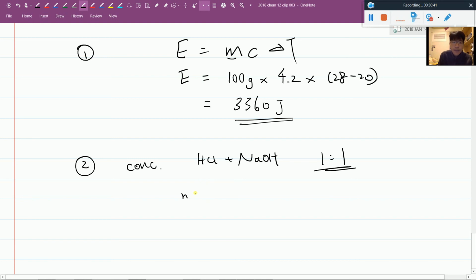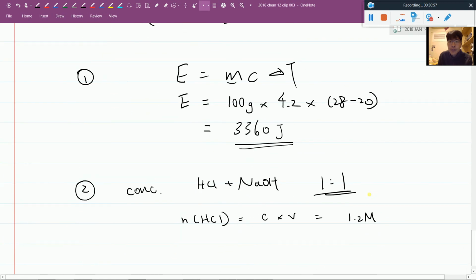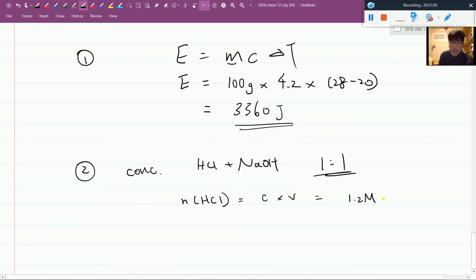So what is the number of moles of hydrochloric acid? n equals concentration times volume. What is the concentration we've got here? 1.2 M. M means molarity, 1.2. Then times it by 50 mL.